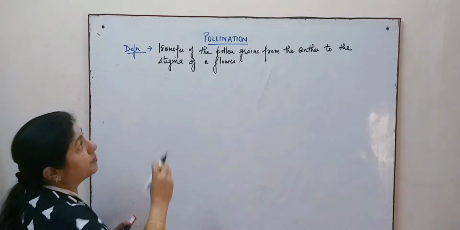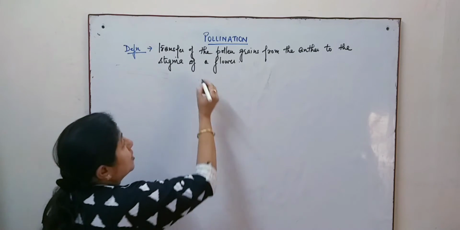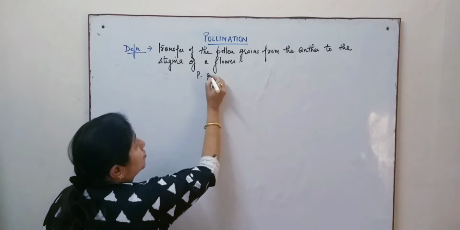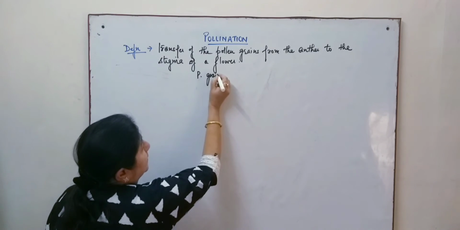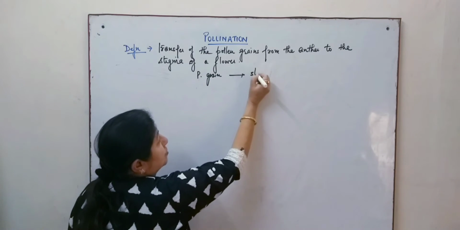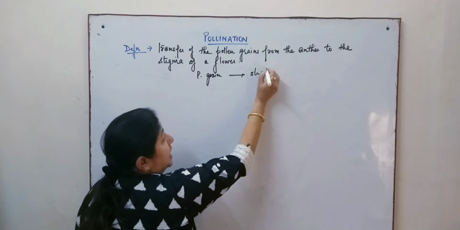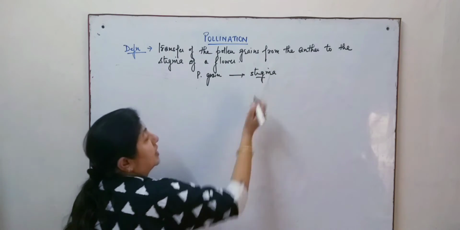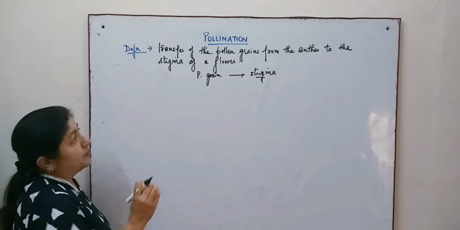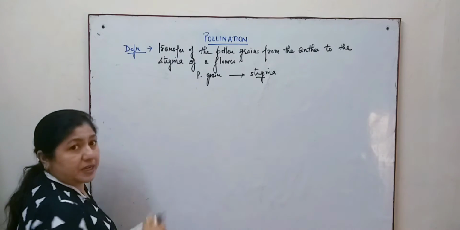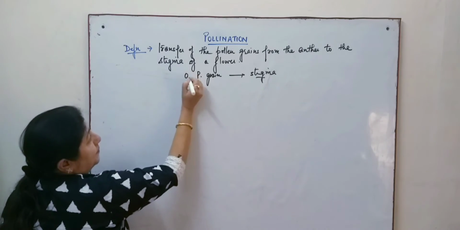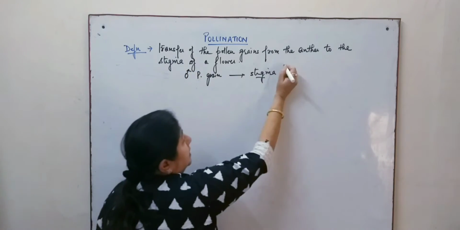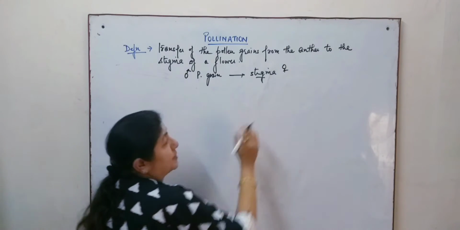Pollen grains need to reach the stigma, so the pollen grain must be transferred from the male to the female. So it needs certain media.